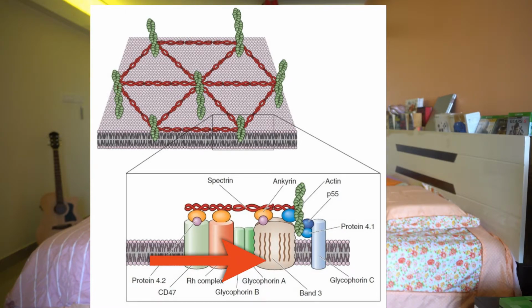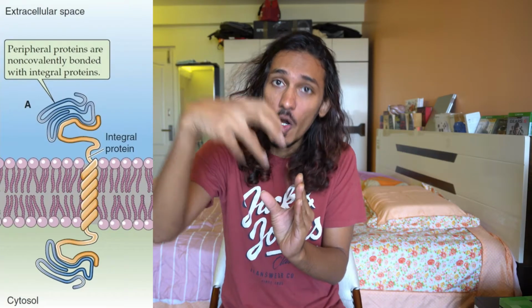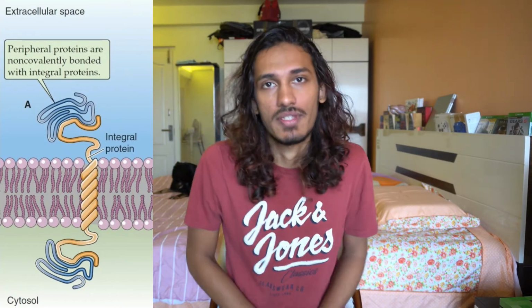For that, it needs a peripheral protein called ankyrin. So ankyrin just anchors it to an integral protein. So this is where you have to understand that integral proteins are there and peripheral proteins are there, and peripheral proteins can attach themselves non-covalently to your integral proteins as well. Okay, so that is done.